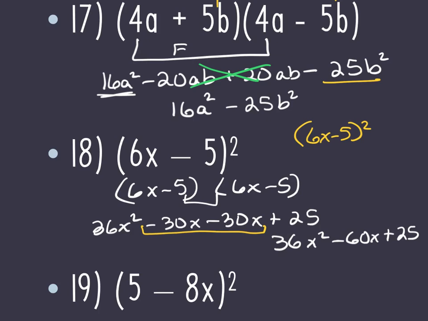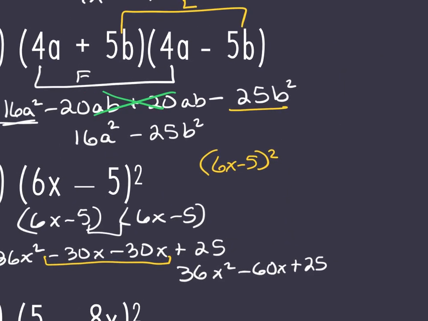All right, everybody good? All right, so my trick here, if you don't want to write it 2 times and FOIL it, is you can square the first term and get 36x squared. The middle term, I multiply this times this times 2. And then that gives me the negative 60x.